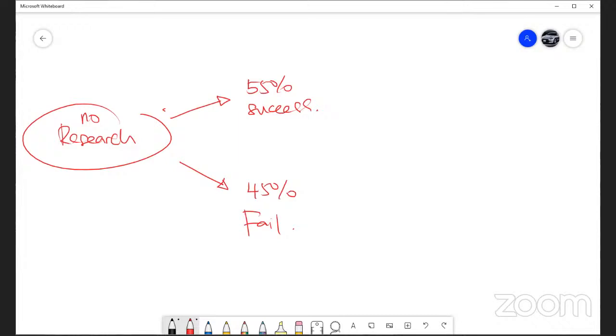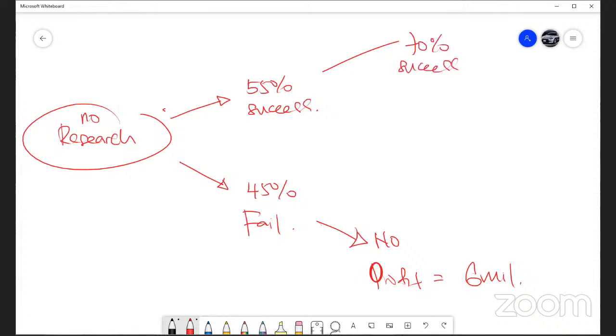No research means no research here. And then your profit will only be $6 million if it fails. If there's no research, it's 55% success, but if you do research, it increases to 70% success, and then 30% fail.